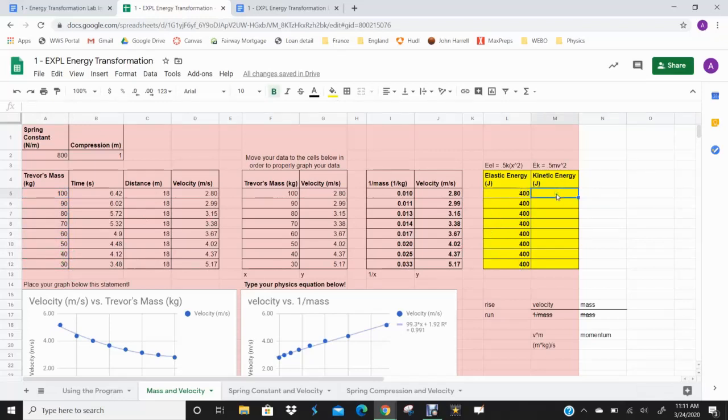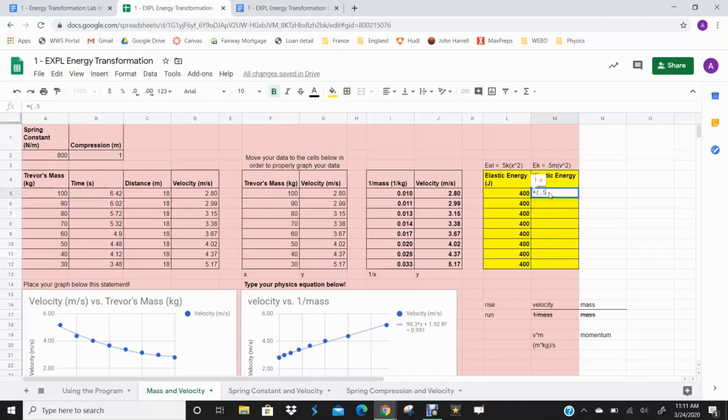So ideally, when we calculate these kinetic energies here, these are going to be ideally equal to 400, but more realistically, they're just going to be close to it. So for kinetic energy, very similar equation. Again, it's the velocity that's squared here, nothing else. It's 1/2 times the mass times velocity squared. So we'll actually put in the whole equation here.